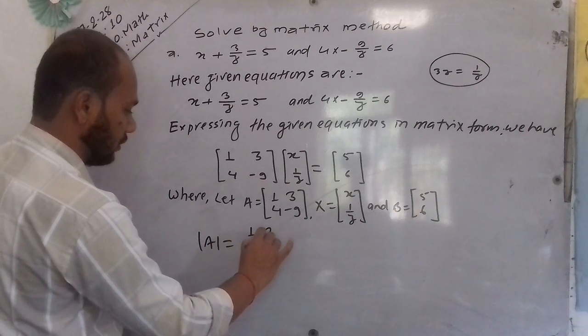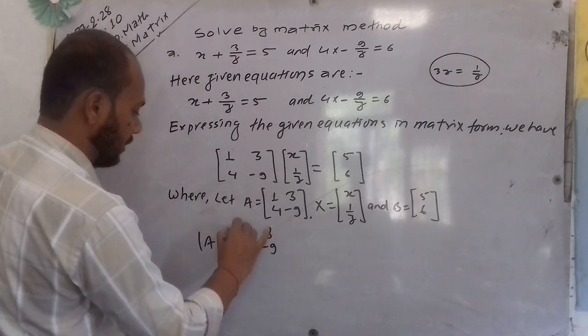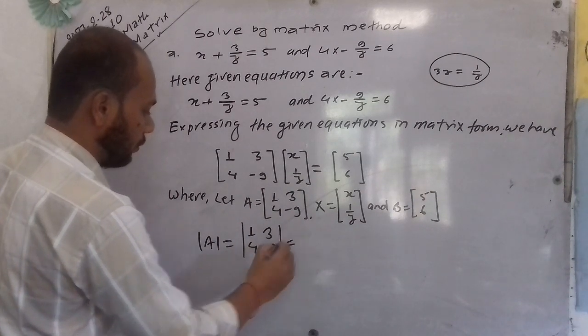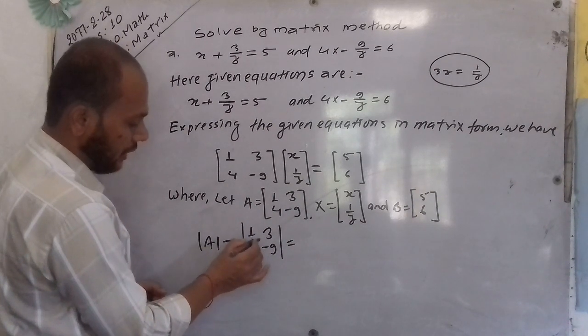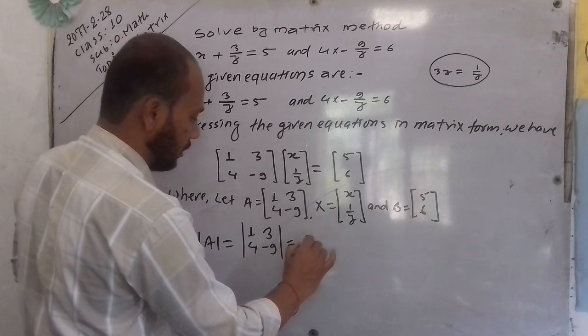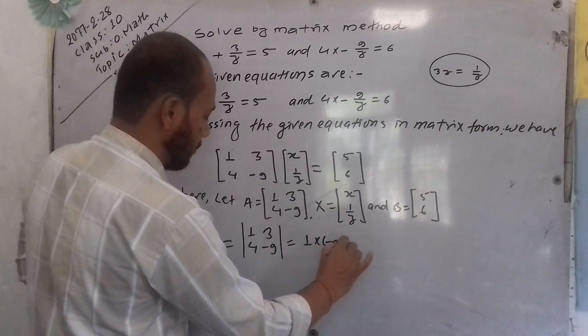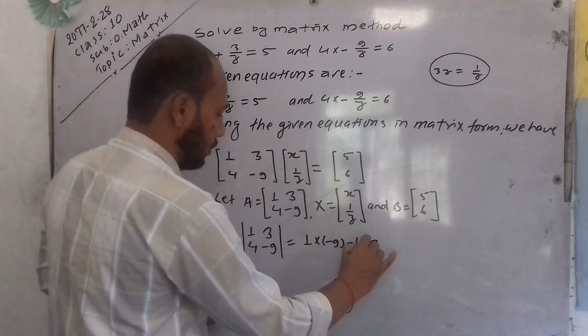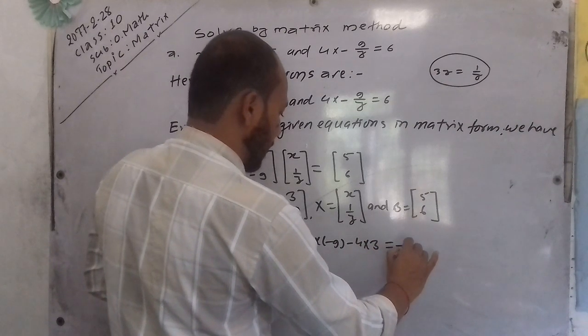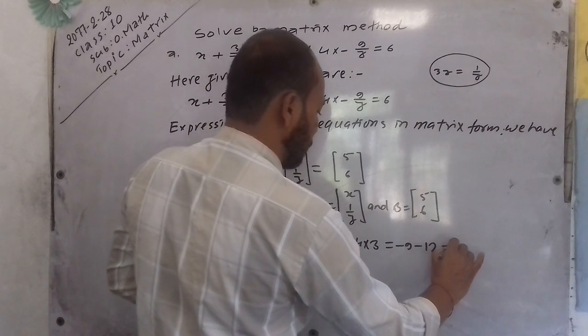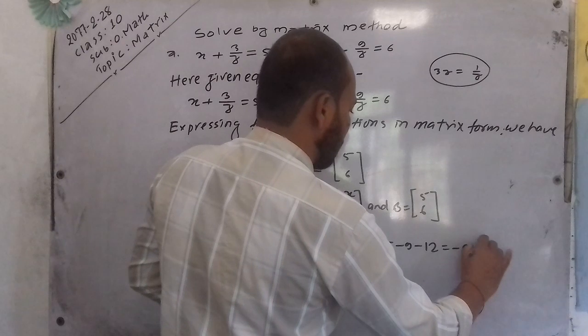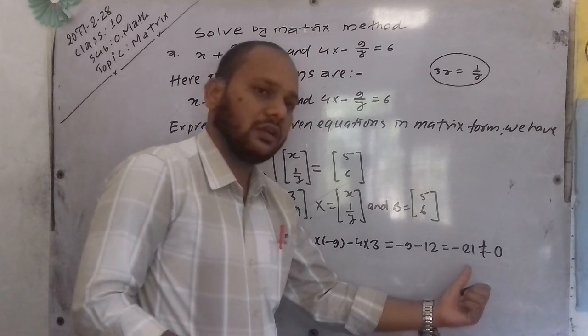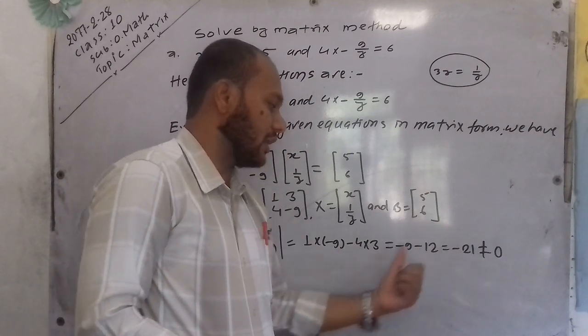We have 1, 3, 4, minus 9, and all of you know how we find it. Multiply the main diagonal elements, 1 into minus 9 minus 4 into 3, we have minus 9 minus 12, which is equal to minus 21, not equal to 0. If the determinant is equal to 0, then it has no solution.